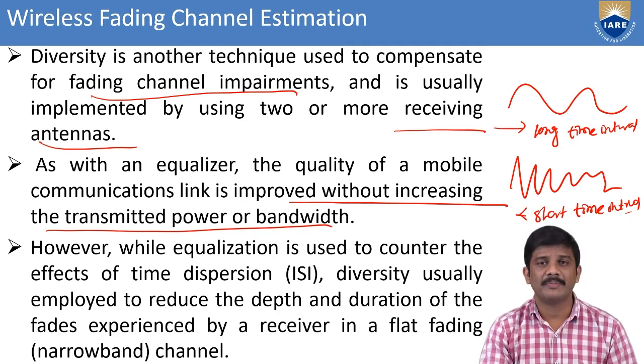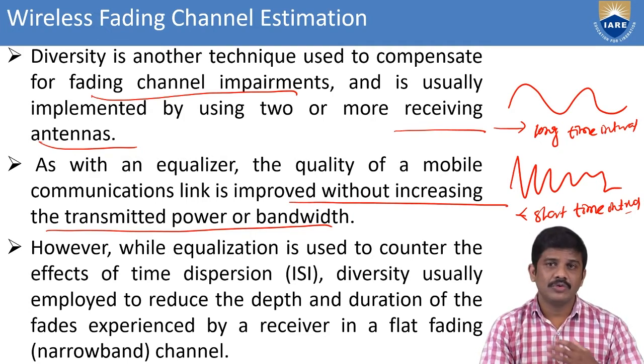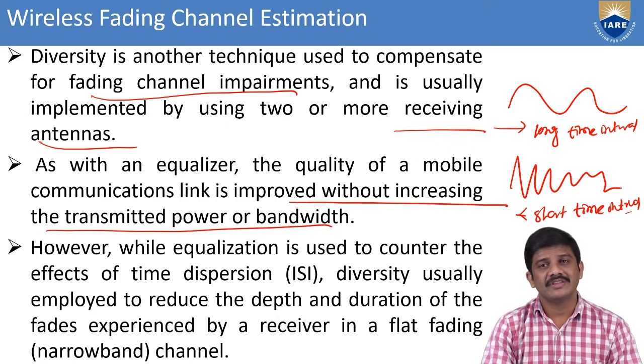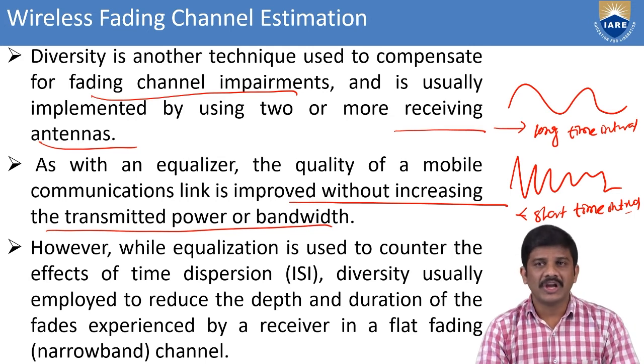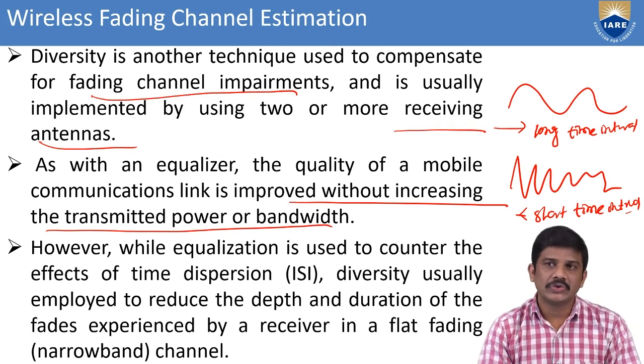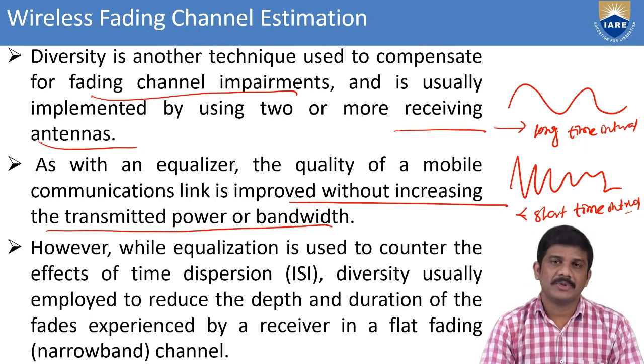But without increasing the transmitted power or bandwidth, we can go with equalization, diversity, and coding. We can also improve the quality of the mobile communication links without increasing the transmitter power or bandwidth.